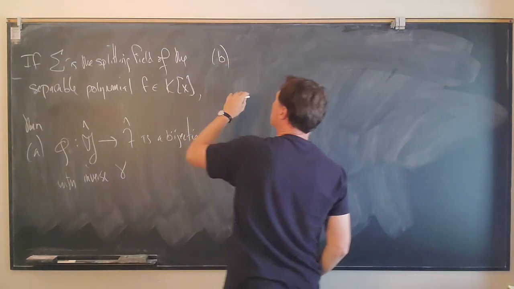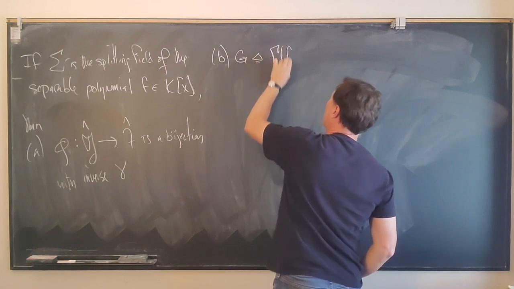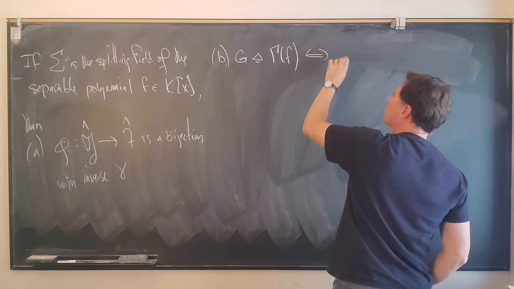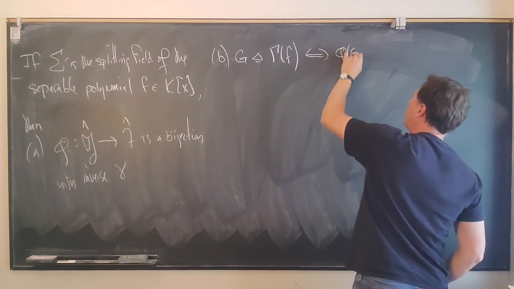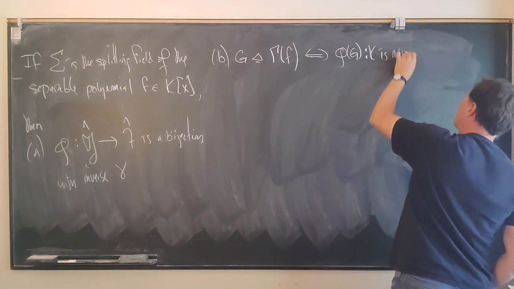Part B is that G is a normal subgroup of gamma of F if and only if the extension phi of G over K is normal.